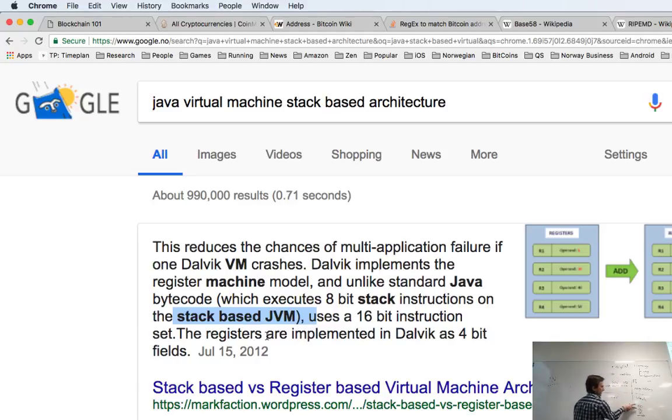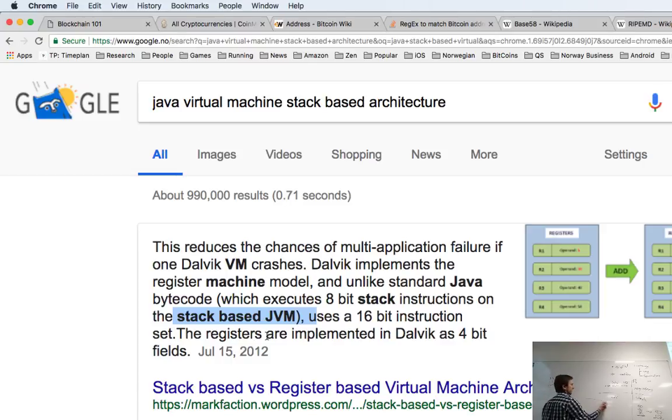This operation will take the top two elements from the stack, add them, and put the result back on the stack. And then the next operation, if it needs some operands, will take them from the stack and put the result, if it has any, onto the stack.